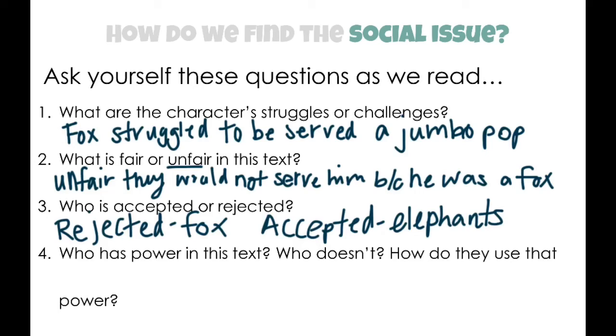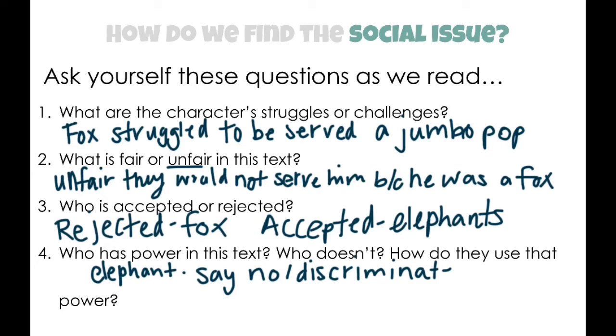Well, thinking about it, in this movie, the elephant had power by saying no. So he was kind of discriminating against the fox. And Officer Hopps also had power, because she tried to make things fair.